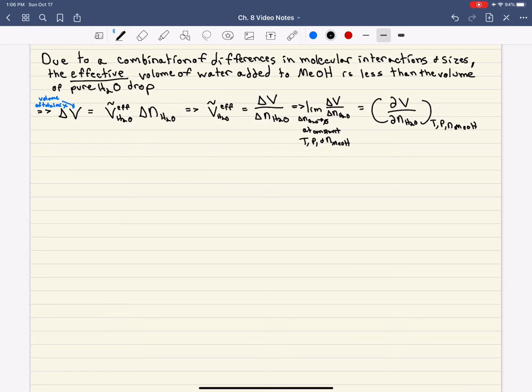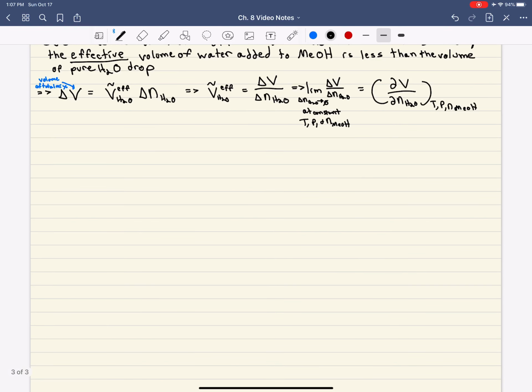And so this effective volume of the water, once it's in the mixture, can actually just be calculated as the partial molar volume, or the partial derivative of the total mixture volume, with respect to n H2O.